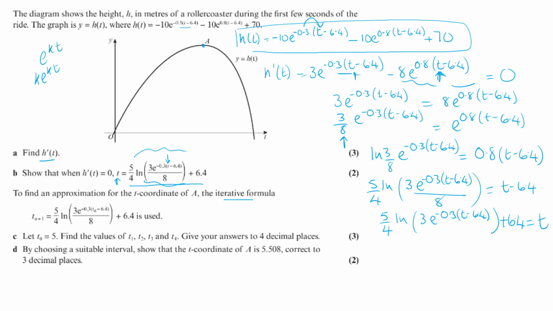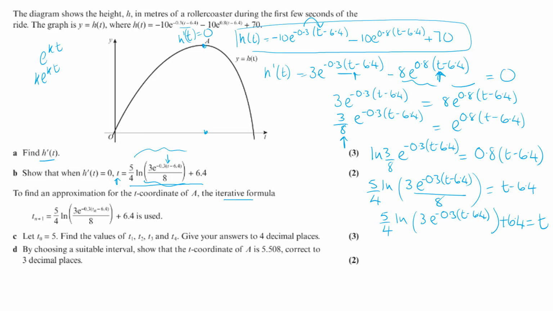Now it's saying use this formula here to find t, the t that's going to be when h dash of t is equal to 0, where we're at the turning point.